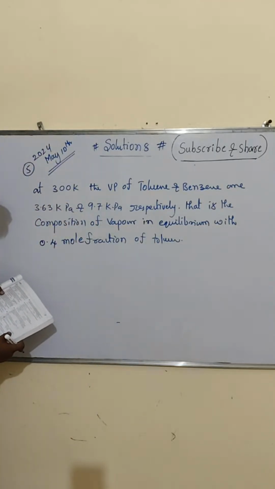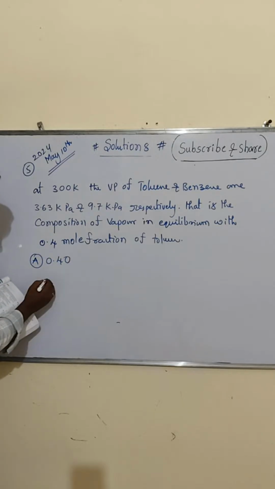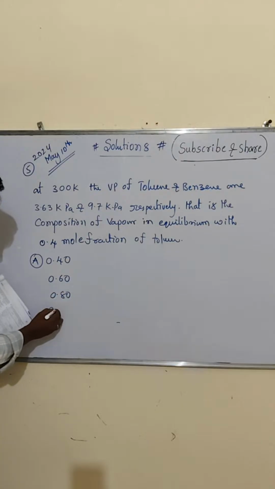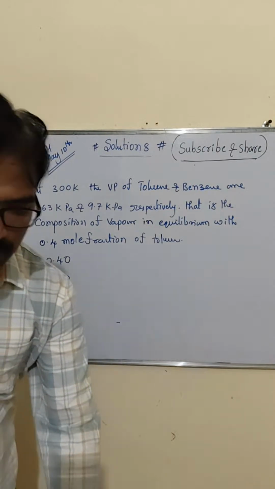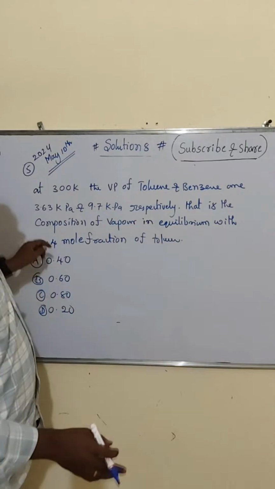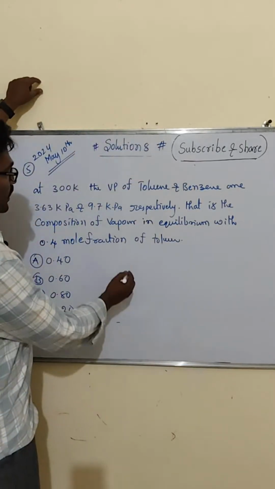Look at the options mentioned: 0.40, 0.60, 0.80, 0.20. Look at the question carefully. At 300 kelvins, the vapor pressures of toluene and benzene are both given.